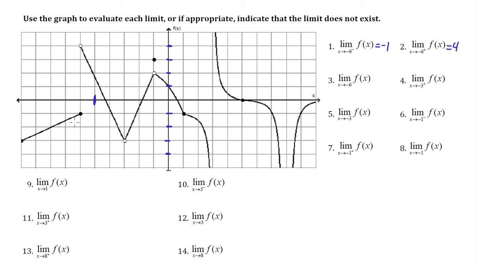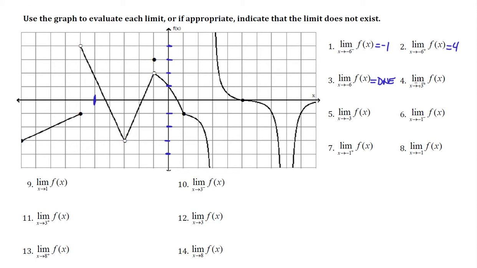But since they're heading towards two separate values, as we're approaching -6 from the negative side, it's getting closer and closer to -1 for the y value. And then the y value as we approach -6 from the positive side is getting to 4. So since they are not going to the same value, this limit does not exist. Okay, just like it says right up here, that the limit does not exist.